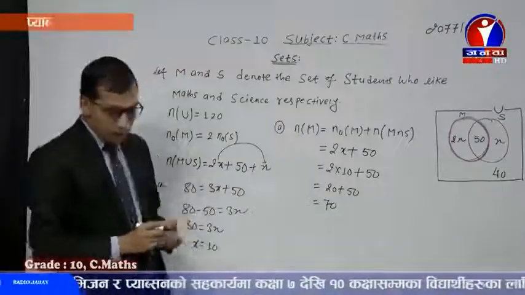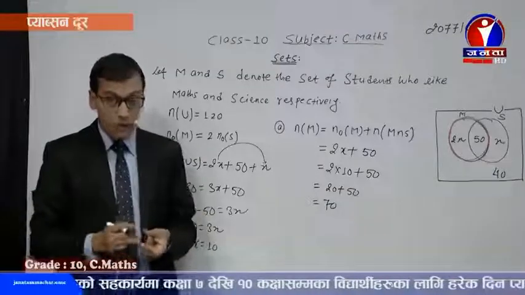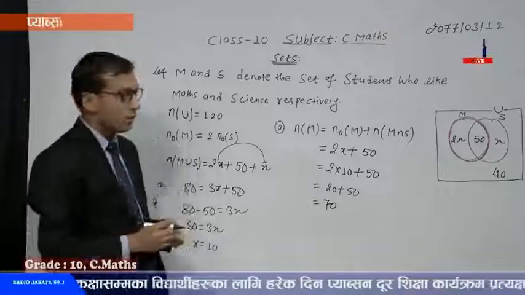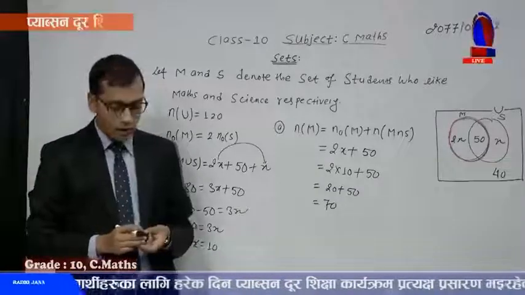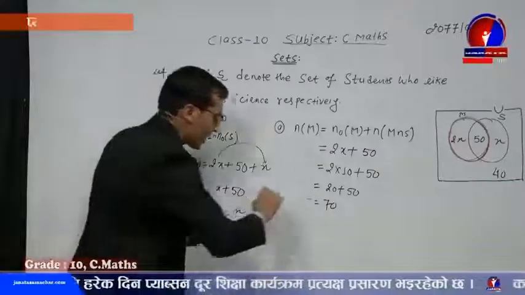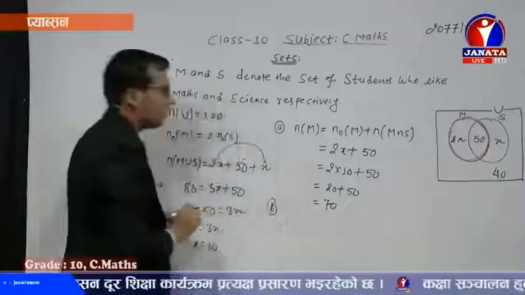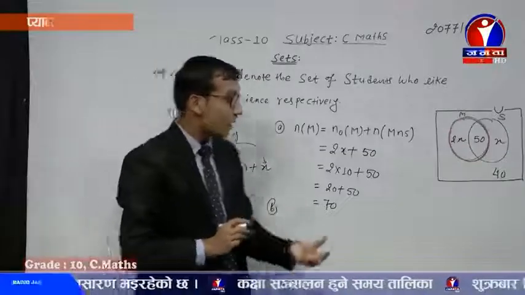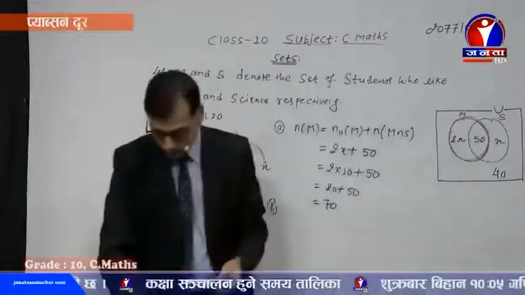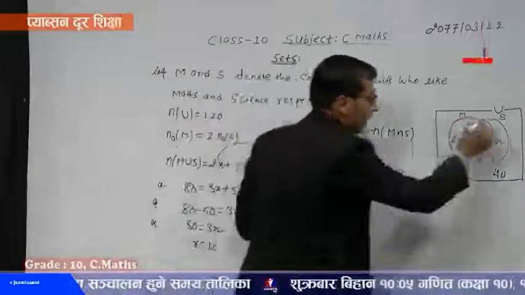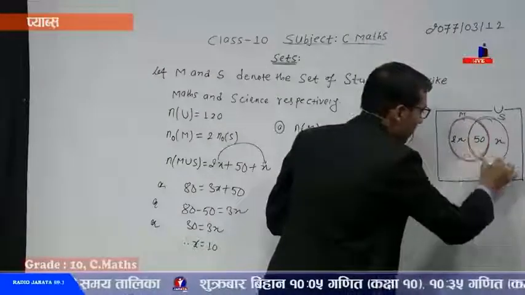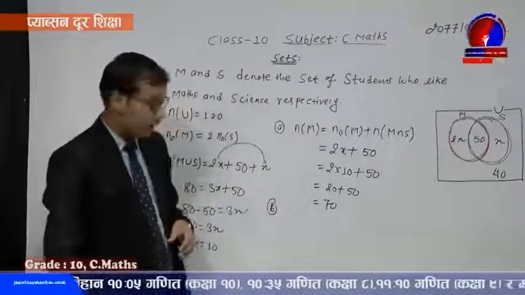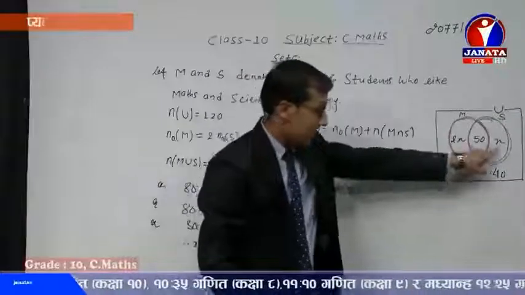Similarly, in number B, we are asked to find the number of students who passed in science. For B, what is the number of students who passed in science? Look at the circle of S. What is total n of S? It's 50 and x.